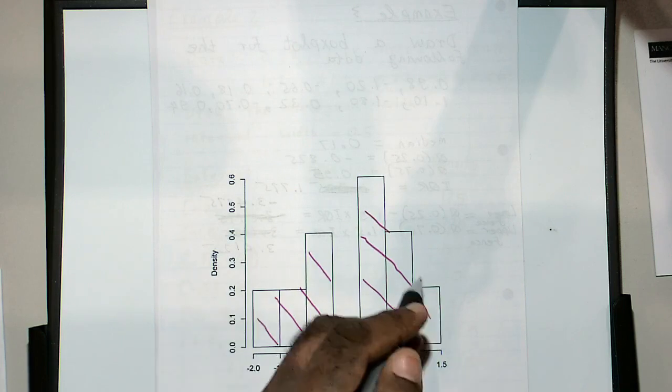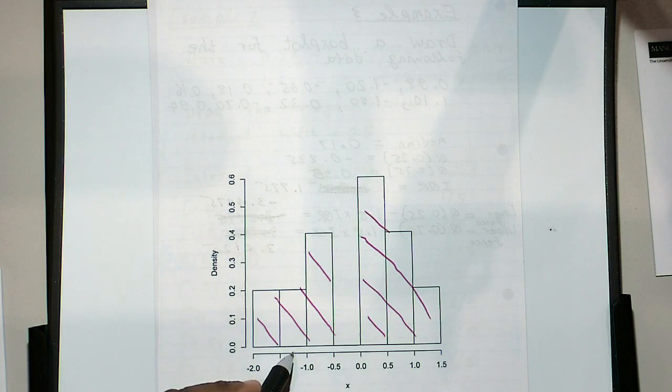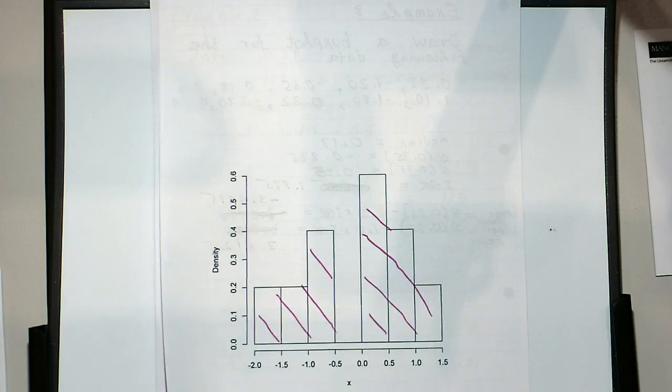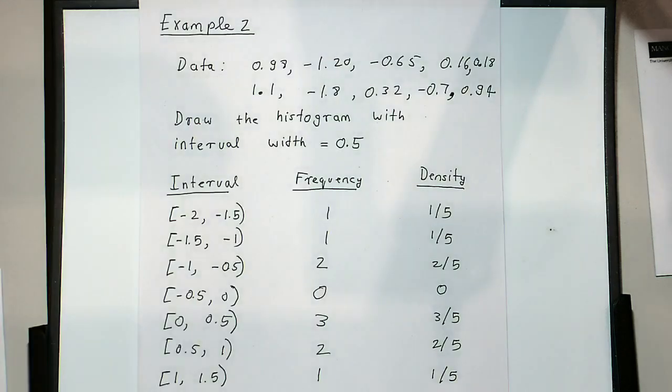It must be equal to 1, because as you know, the density is something that should integrate or sum to 1, right? Okay. All right, so that's example 2.